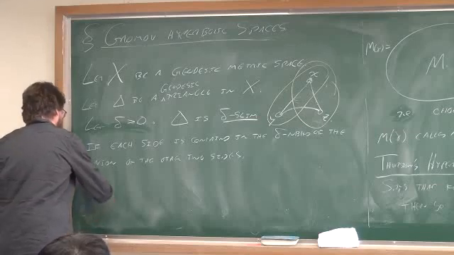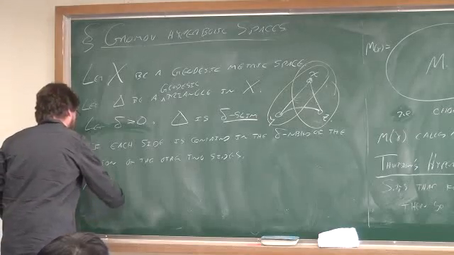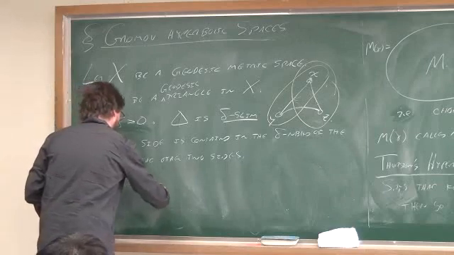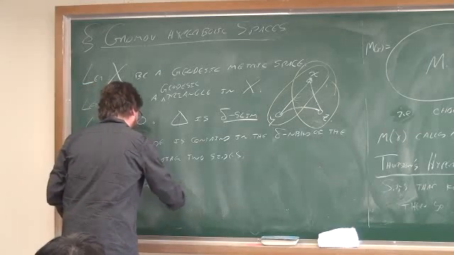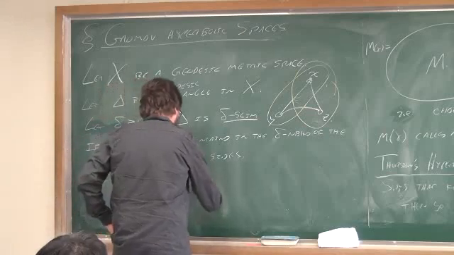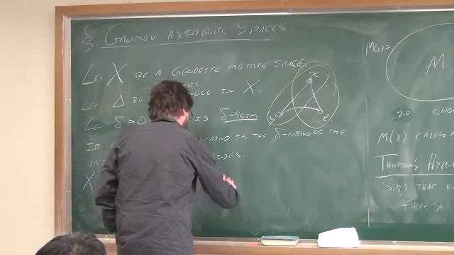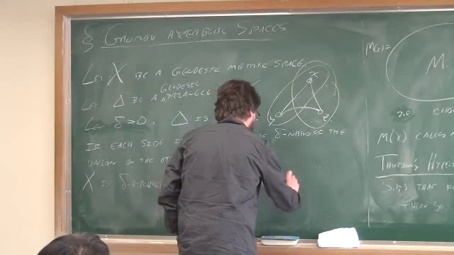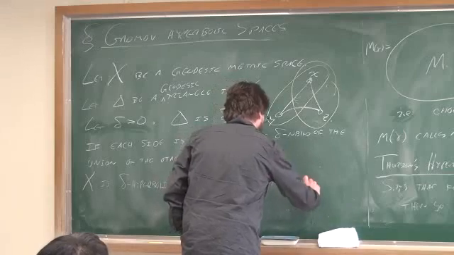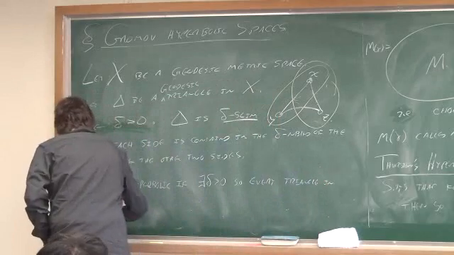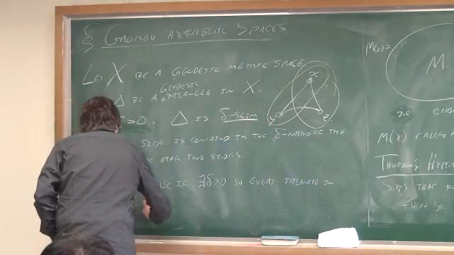So we say that X is delta hyperbolic if there exists a delta so that every triangle, and I just mean geodesic triangle, in X is delta slim.